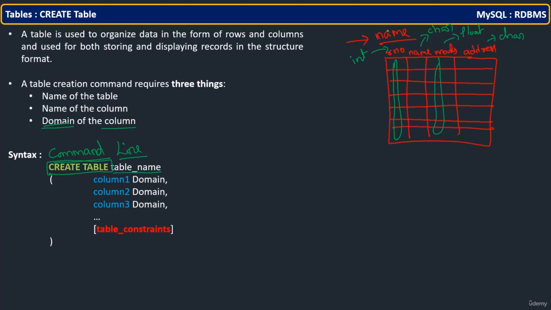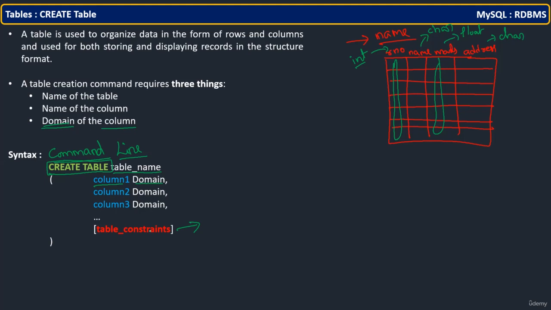After that come the column names: column 1, column 2, column 3, like roll number, name, marks, address. And the domain is what kind of data this column has to allow. And sometimes you may have constraints, which you mention at the end. This is optional. You may or may not have constraints, that is why it is in square brackets. So this is the first thing we must understand.